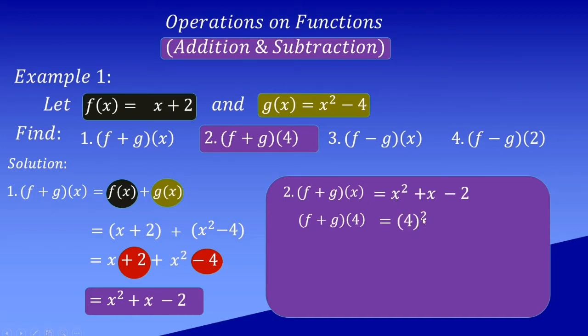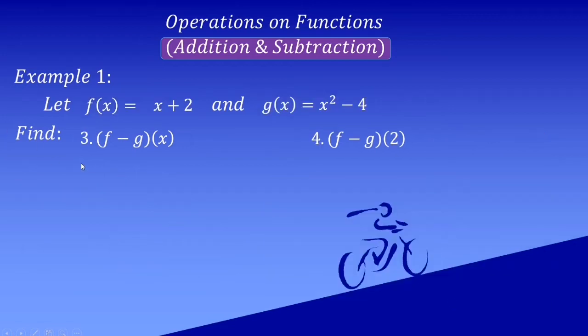So magiging 4 squared plus 4 minus 2. Then simplify natin itong exponent: 4 times 4 is equal to 16. Then 4 minus 2 is 2, so 16 plus 2. Okay, meron na tayong value nito, that is 18.